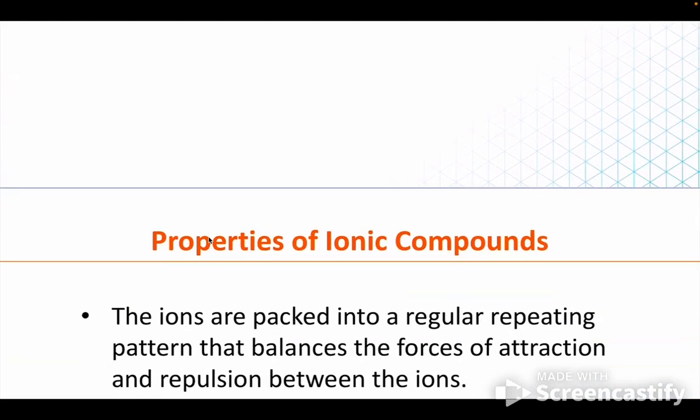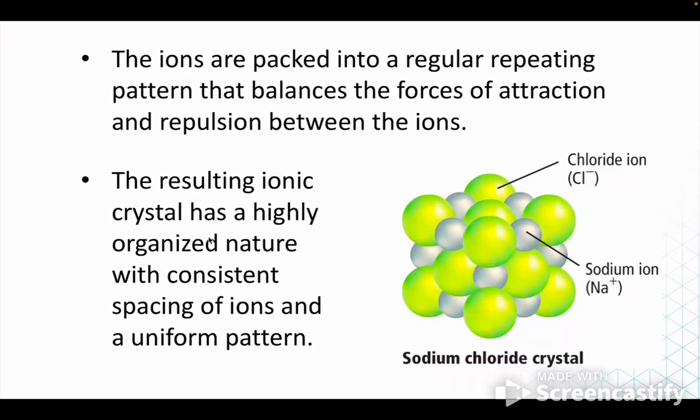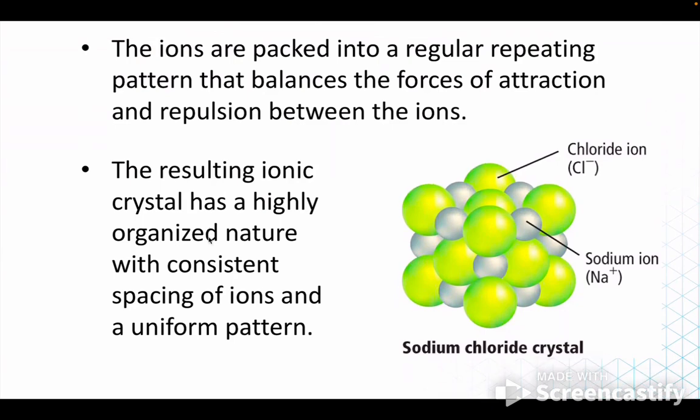Because they're in this repeating kind of grid, that's why ionic compounds, if you remember from the lab, have high melting points. So they did not melt. They also have high boiling points, and they're almost always solids at room temperature. Most of them are soluble in water, and when they dissolve, they're able to conduct electricity too.